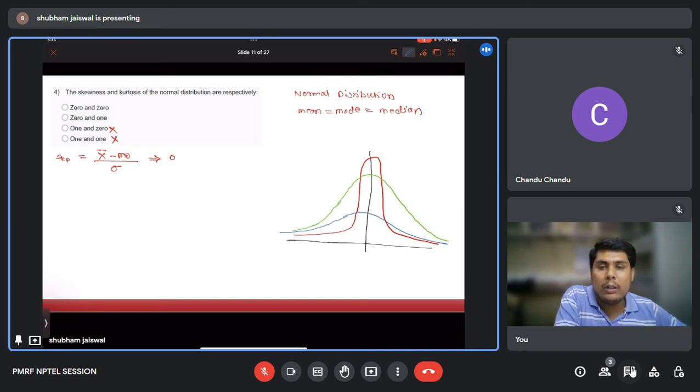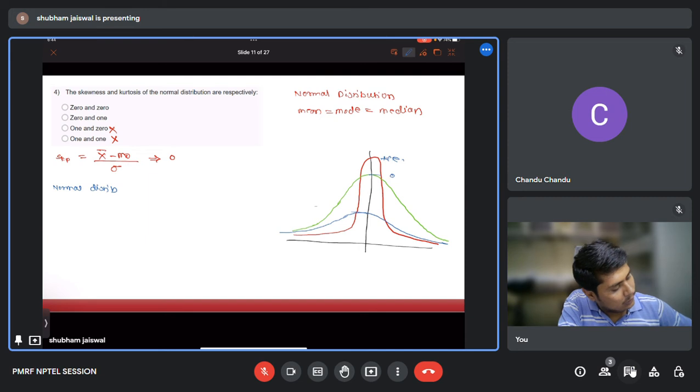How big a tail it has, or how high a peak it has. So when it comes to the normal distribution, the kurtosis is 0. So this is positive kurtosis, this is 0, and this is negative.